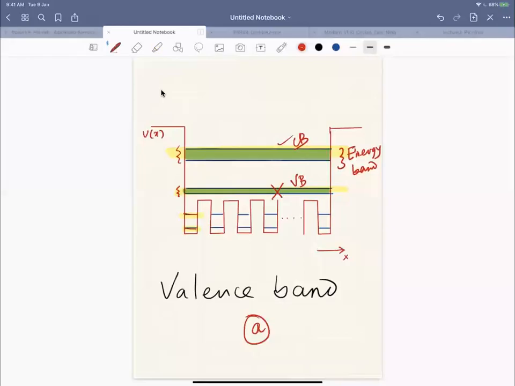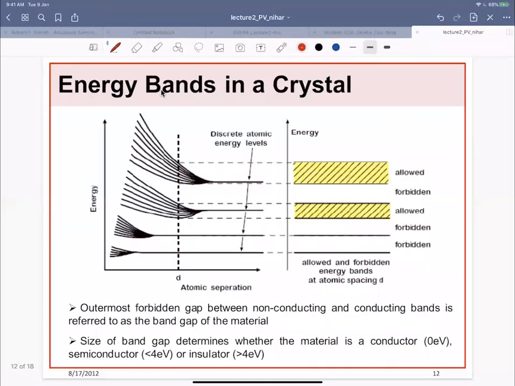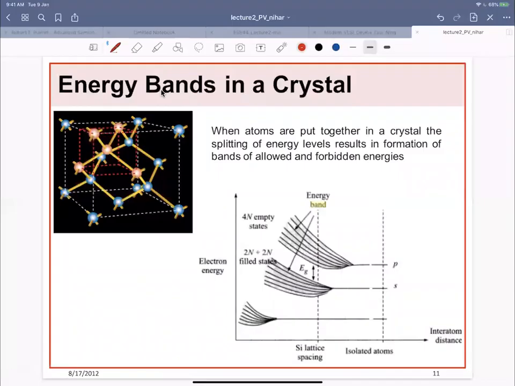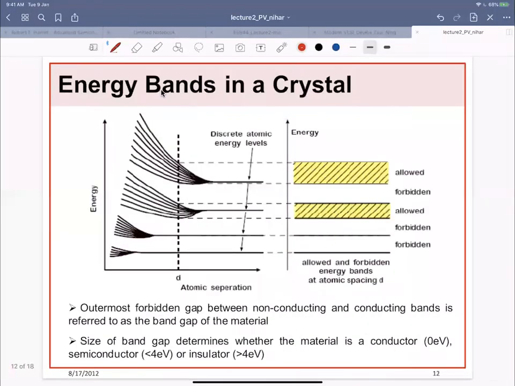Just the last thing, here you could see, if you look at this part, these are the isolated atoms, right? If you reduce the separation between two atoms, the lattice constant or atomic separation, and if you go on reducing, then these energy states will split, because two atoms are coming very close to each other. That means electrons from these atoms can also assume some energy state in the different atom, so they are mixing.